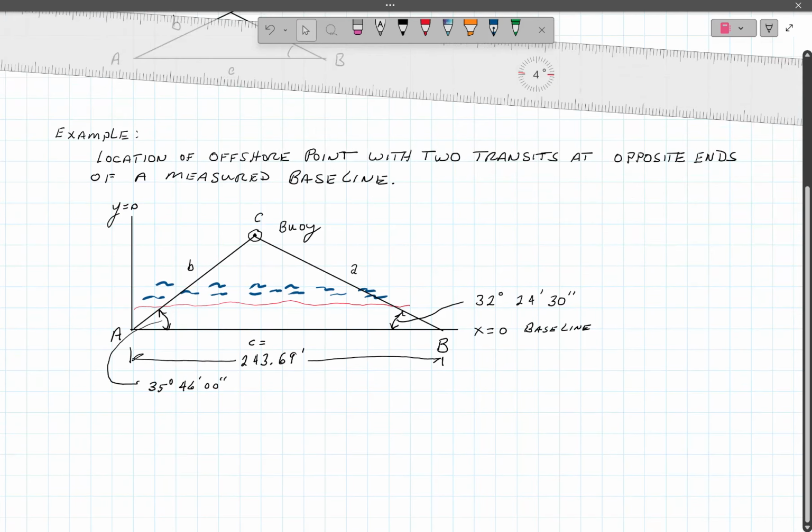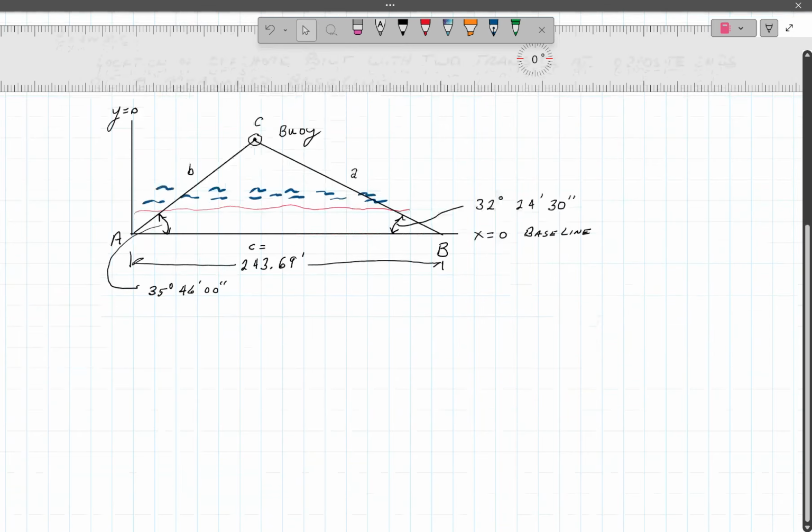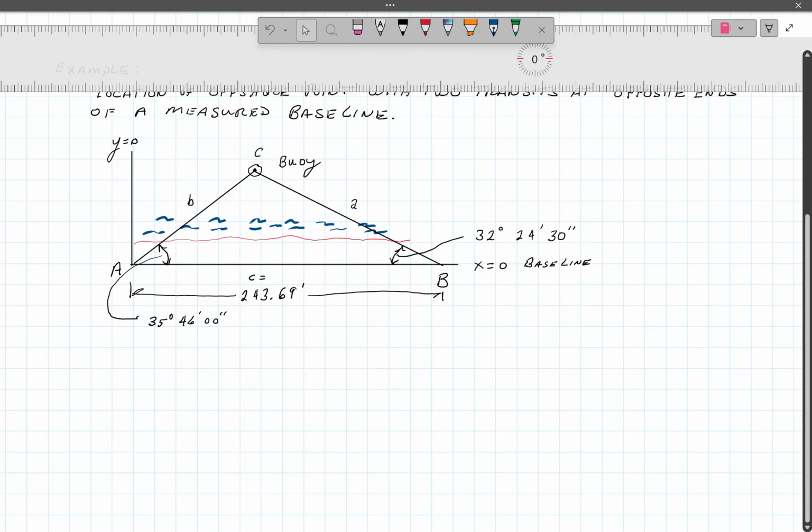All right, now for the math. Let's slide my ruler up out of the way. We're going to need that later, but let's do the math. Okay. So we know B, and we know side C, and we can find angle C. Okay, so that seems to be an easy way to get at this.